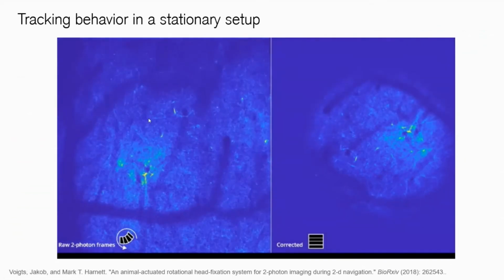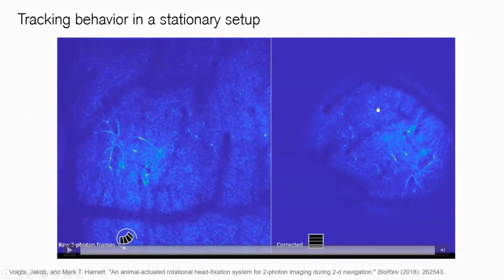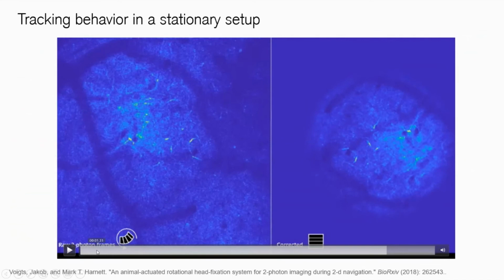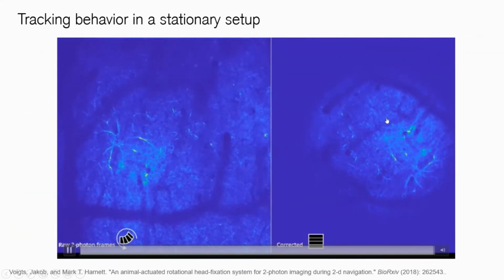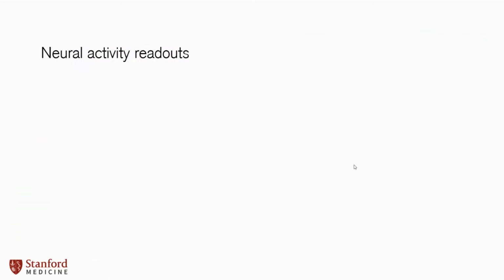So I know it's rotating, but you can easily correct that. And the image on the right, so I'll just back it up a little, shows what that correction looks like. So now you can actually look at specific regions within this brain. So those last two are much more complicated, but there are some options for you there.